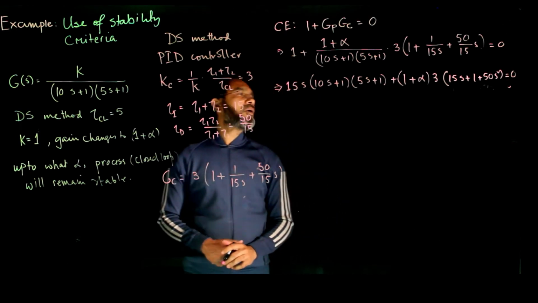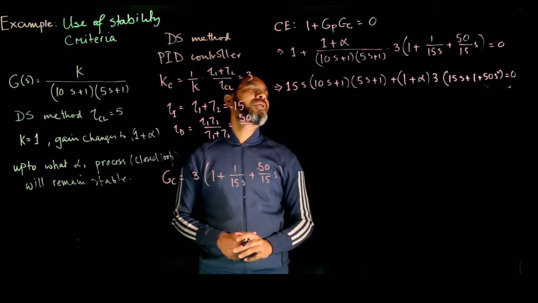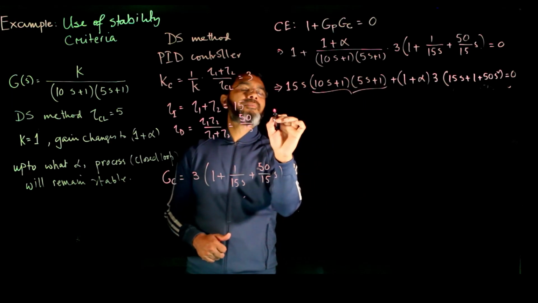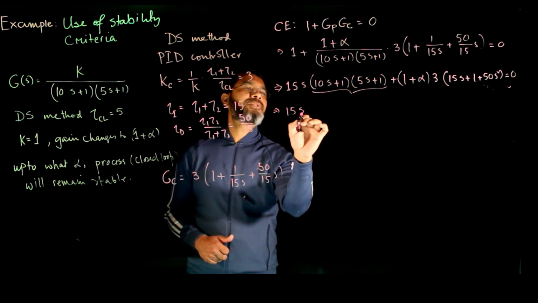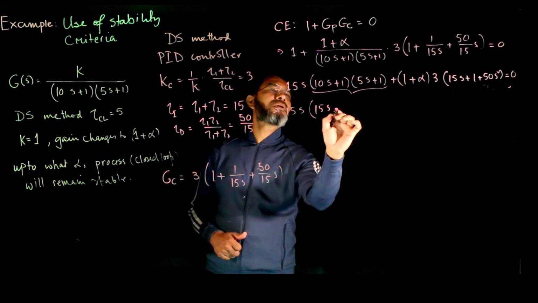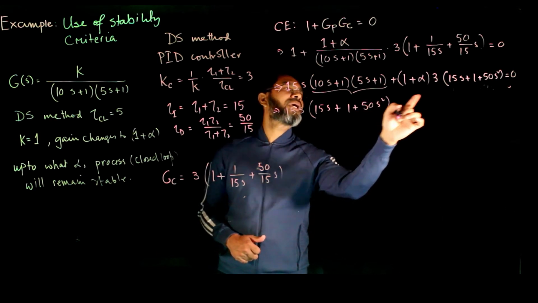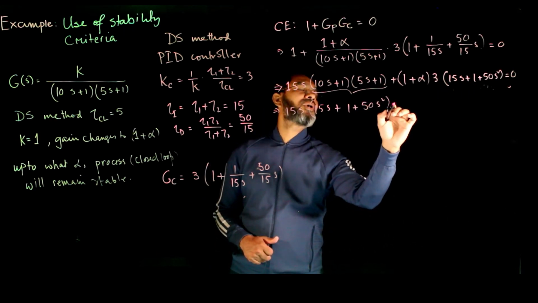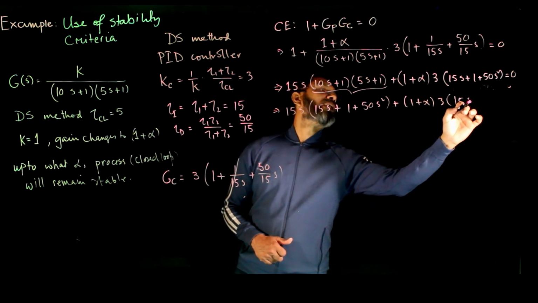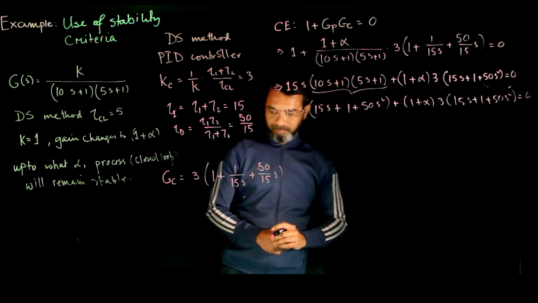Before further multiplying all of this, I am writing it this way just to match the terms: 15s times (15s plus 1 plus 50s squared) plus (1 plus alpha) times 3 times (15s plus 1 plus 50s squared) equals 0.